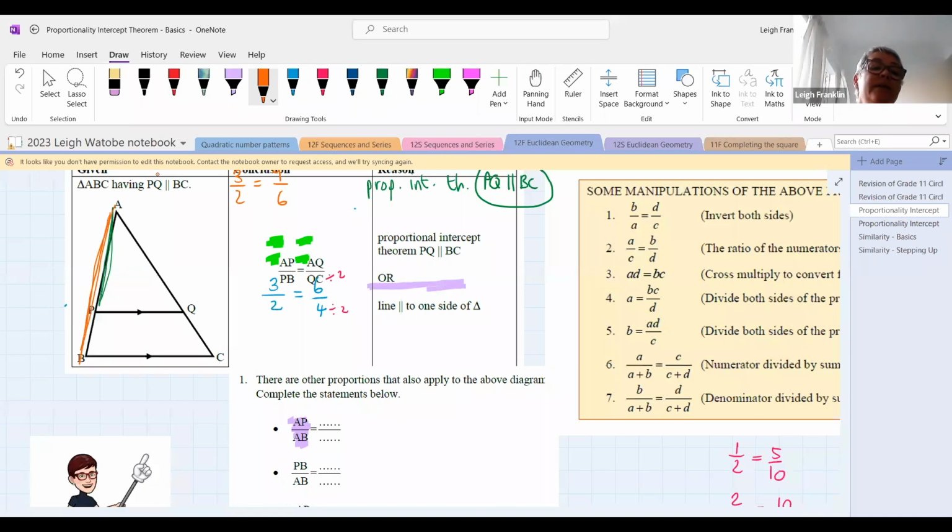Okay, now we need to do the same thing on the other side. All right, so AP over AB is going to be the same as what? What do you think it would be? Unam, what do you think it would be? You'll have to unmute on your side, Unam. Atanda, do you have an answer?